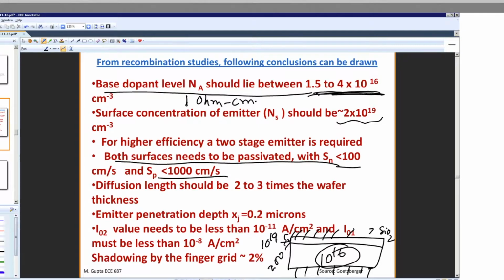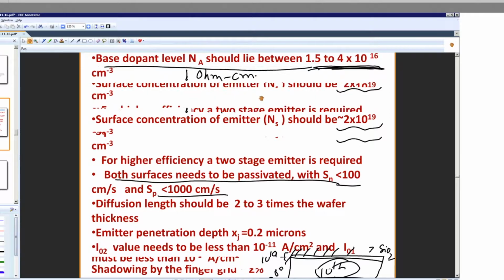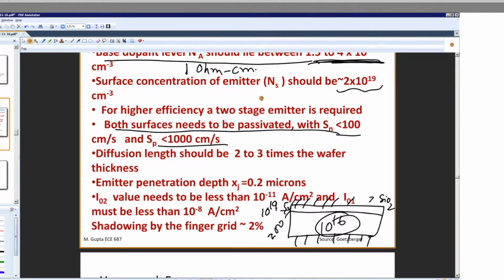Other thing we learned is that the dark current, this is space charge recombination I02, should be 10 to the power minus 11 amps per centimeter square. That's another design parameter. I01 should be about 10 to the minus 8 amps per centimeter square. So these are the information you need to fabricate a high efficiency solar cell.